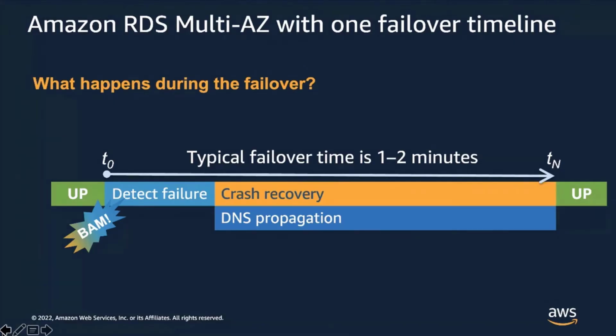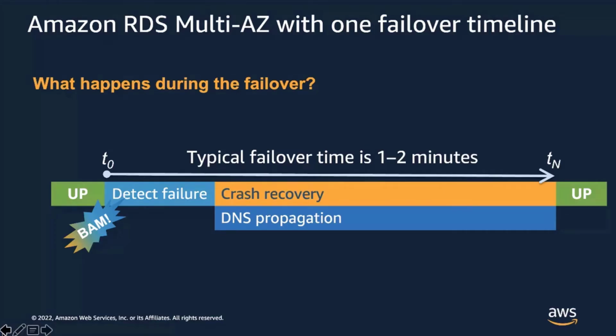Let's talk about what happens in case of a failover. In case of failover with a single standby instance, Amazon RDS starts two different processes. It starts a crash recovery process as well as a DNS propagation process. And both these processes need to complete before the failover is completed. So this typically takes about 1 to 2 minutes.